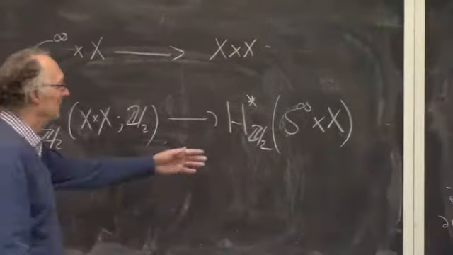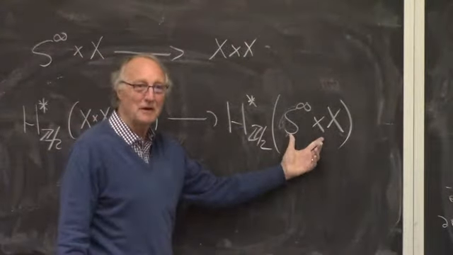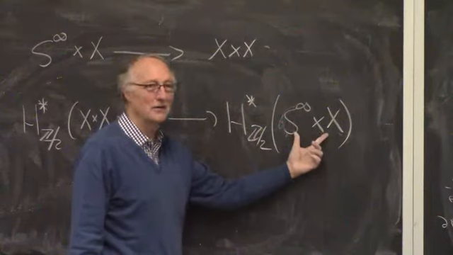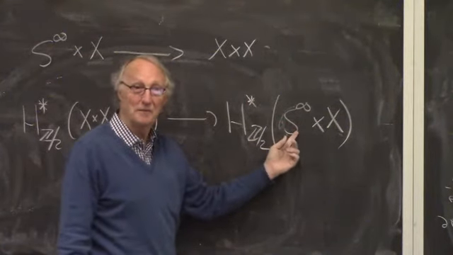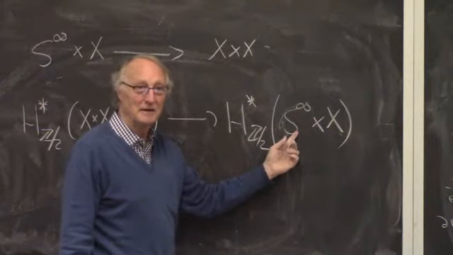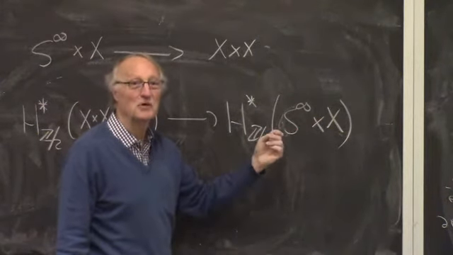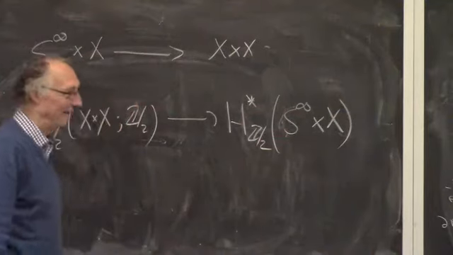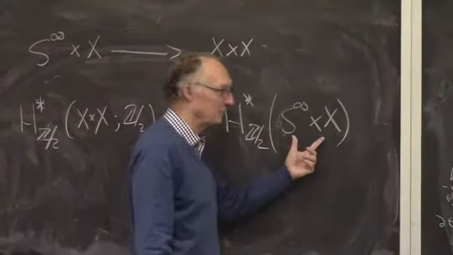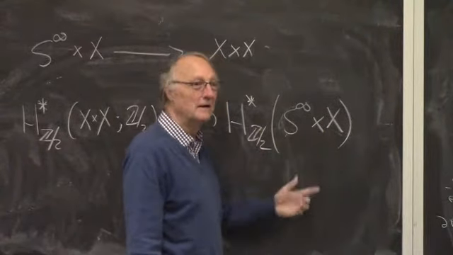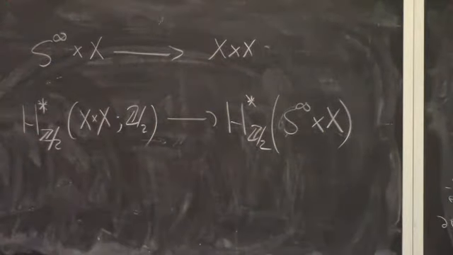Now here, we're in pretty good shape because the action here is free, because it's free on the S infinity. No fixed points. No element has fixed points, except for the identity. What do the subscripts and the coefficient mean, both present?